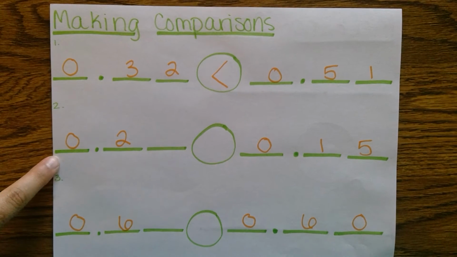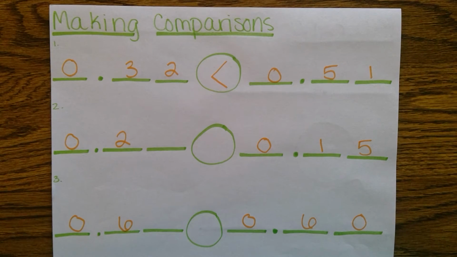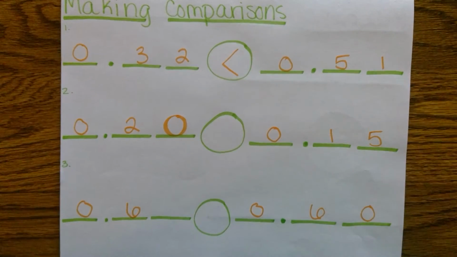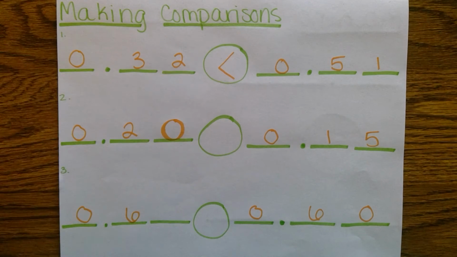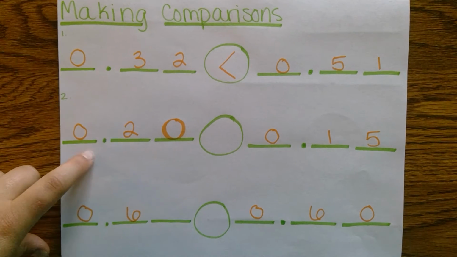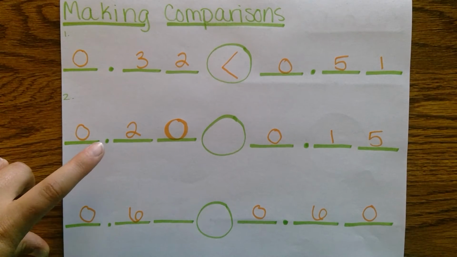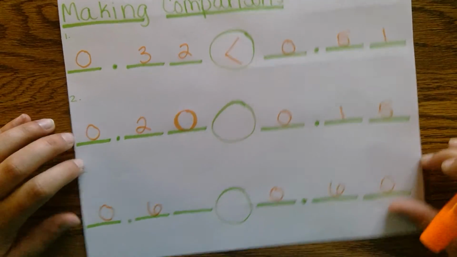Here we have it in tenths and here is in hundredths. So an easy way to help compare these two decimals is to add a 0 right there and then make them both in hundredths. So now 0.20 or 20 hundredths is greater than 0.15 or 15 hundredths.